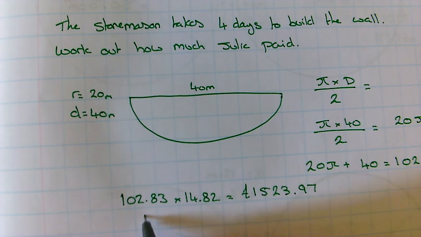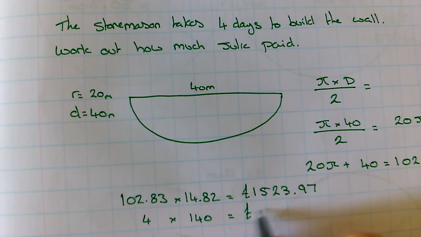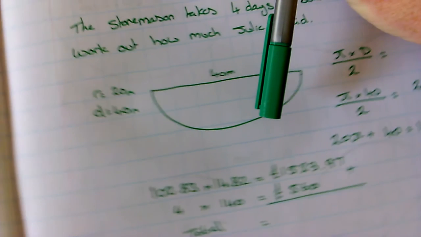So I've also got to do 4 times 140, which is going to give me £560. And then we've got to add the two together to get the total cost of what Julie paid.